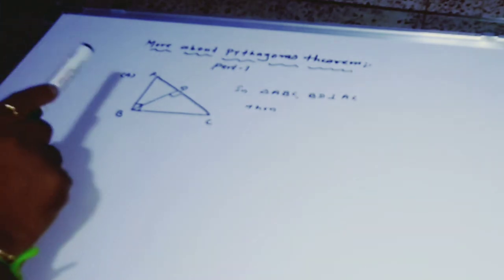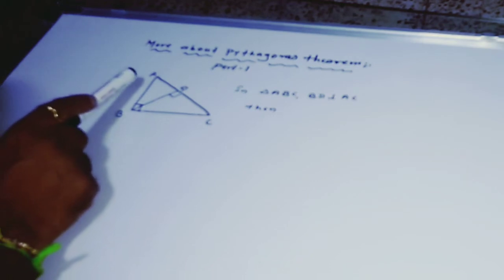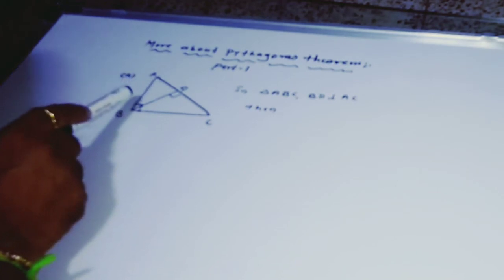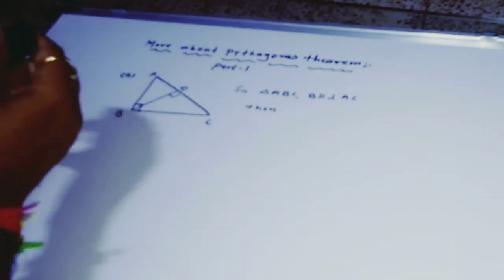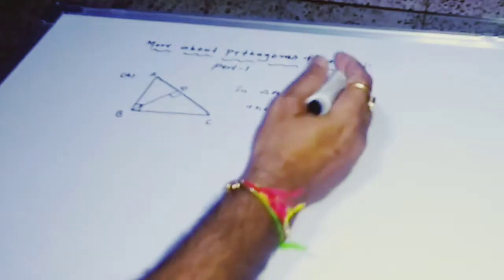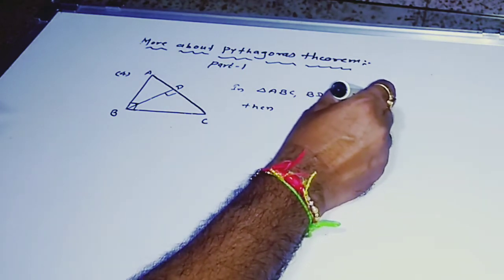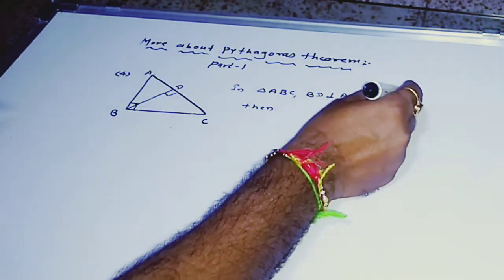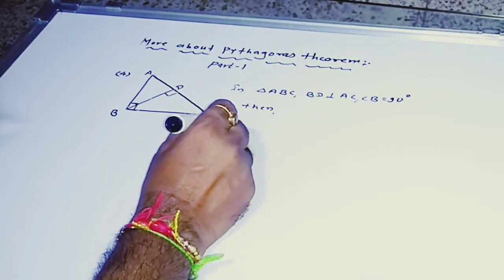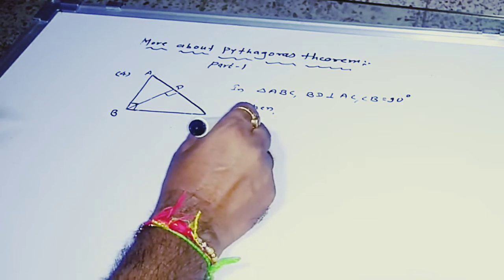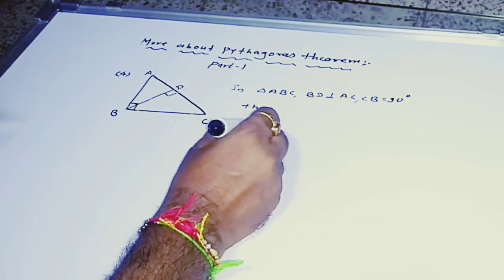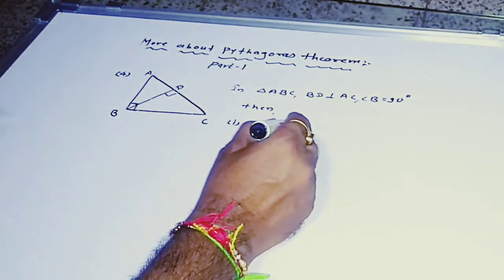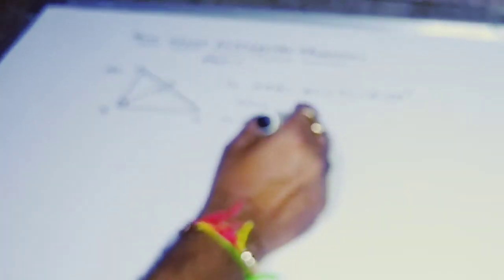According to this statement, in triangle ABC, BD is perpendicular to AC and angle B is 90 degrees. Then the first triangle, ABC, the original triangle, is similar to triangle ADB.